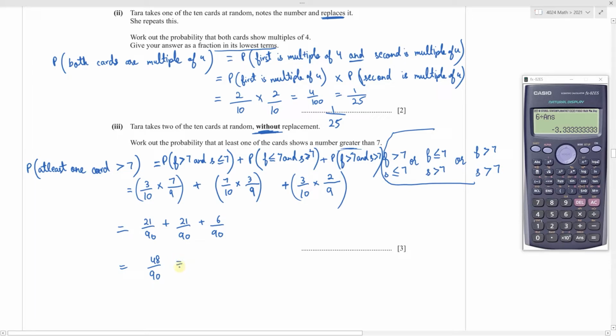And both are divisible by 6. 6 times 8 is 48. And 6 times 15 is 90. So 8 over 15 in the simplest form. So this is the probability, 8 over 15, that at least one card is greater than 7 when you pick 2 cards without replacement.